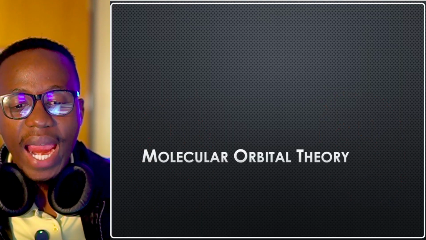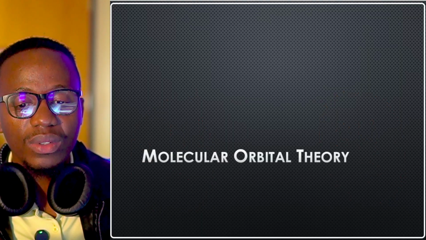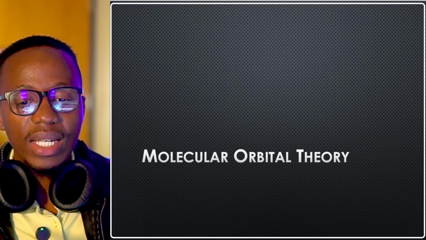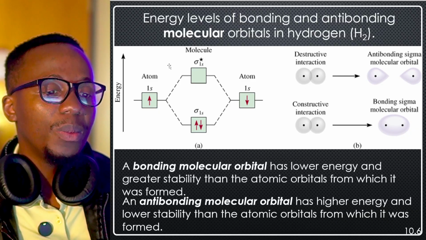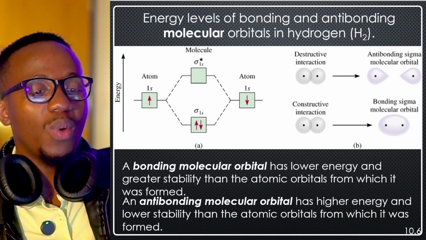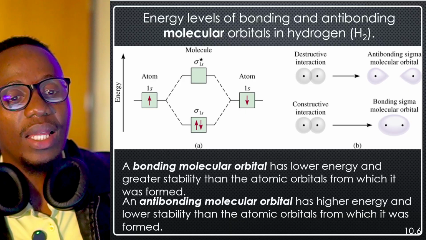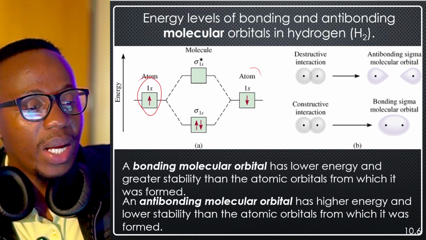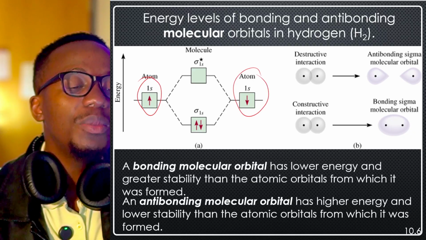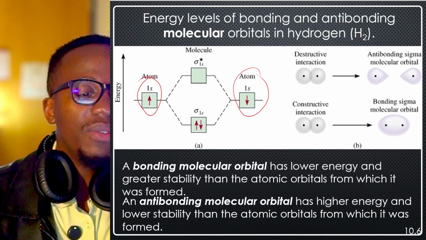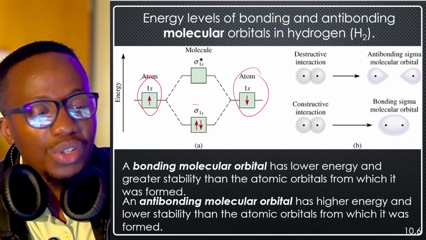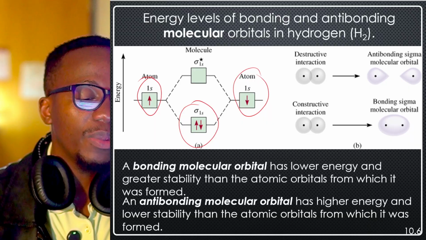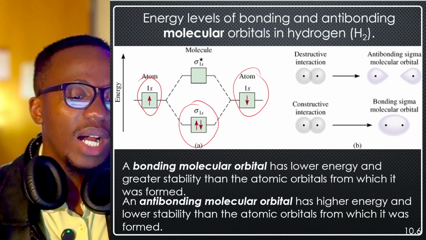So these are energy levels. If you have a 1s electron on this atom and a 1s electron on this atom, we represent these energy levels by showing how they add together to make a sigma bond.